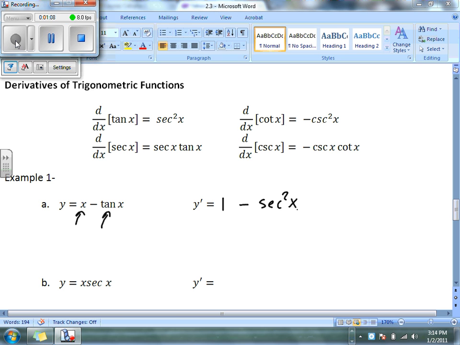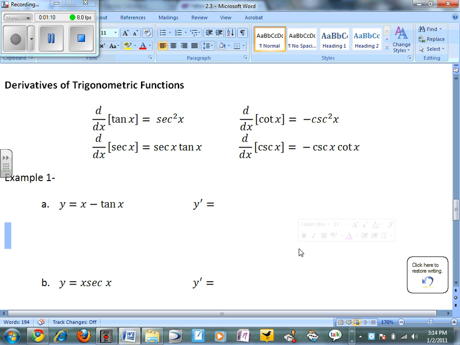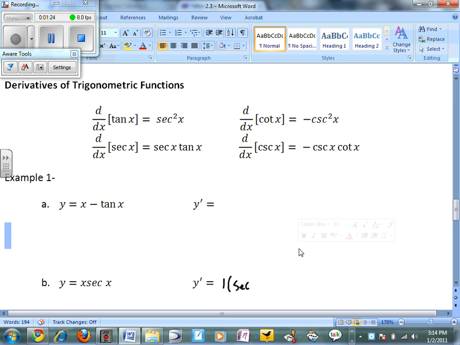That was pretty quick. B down here, well, this is x times secant x, so that means we have to do the product rule. The product rule says we take the derivative of the first one, which would be 1, times the second one, add the first one times the derivative of the second one. The derivative of secant x is, up here, secant x tangent x.